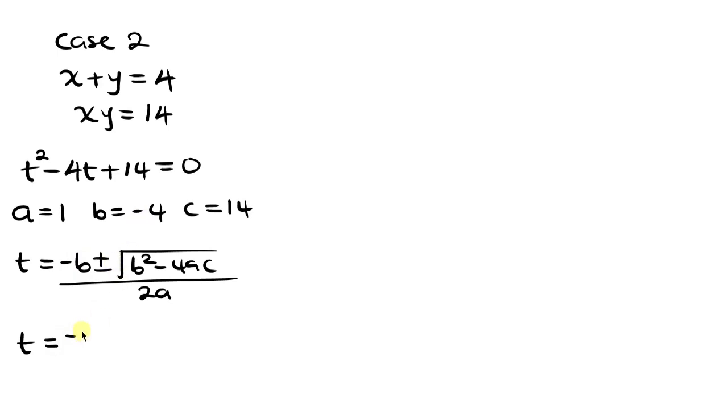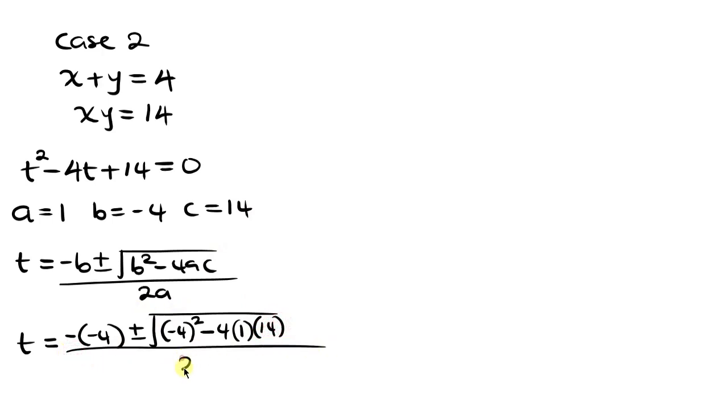Now, let's substitute. So t becomes -b, b is -4, plus or minus the square root of b squared, that's -4 squared, minus 4 times a is 1, times c is 14. Now divide by 2a, that's 2 times a is 1.